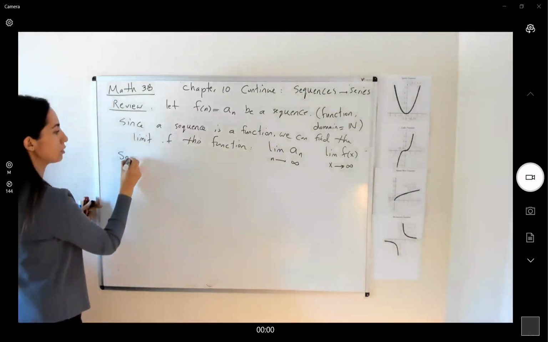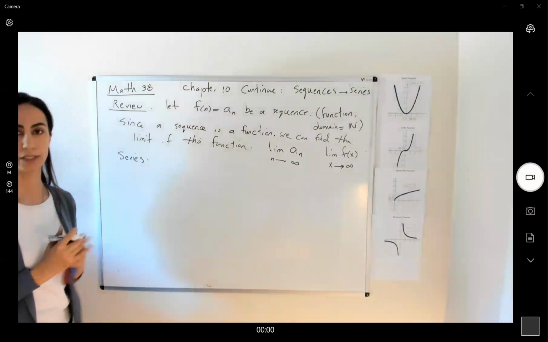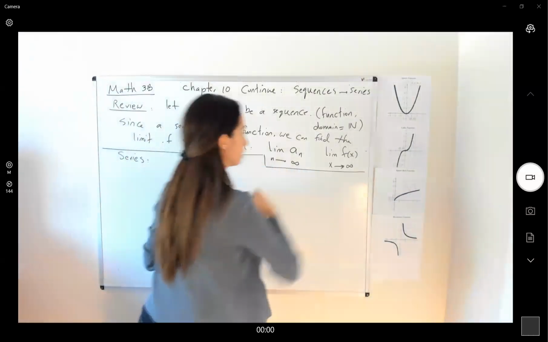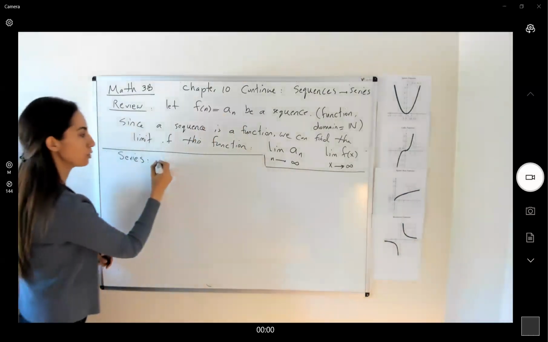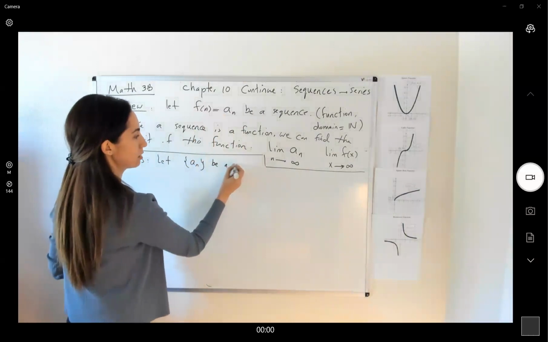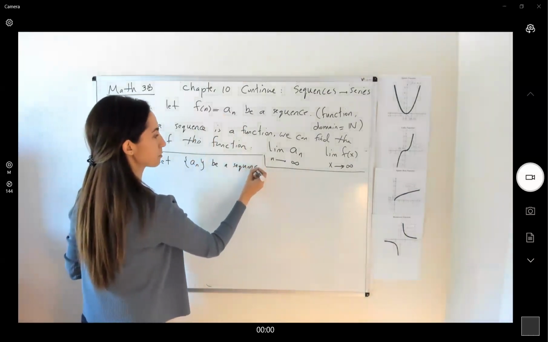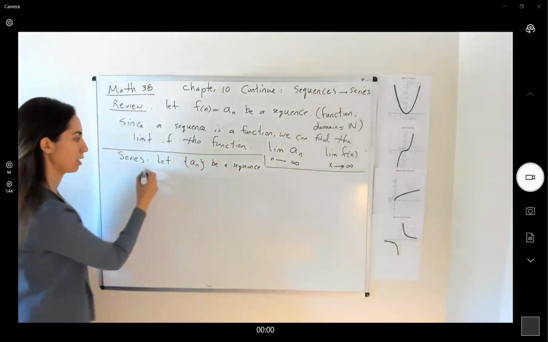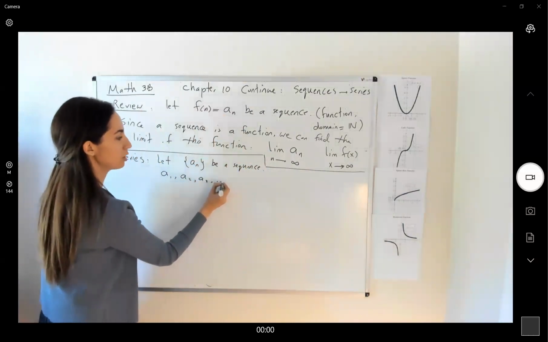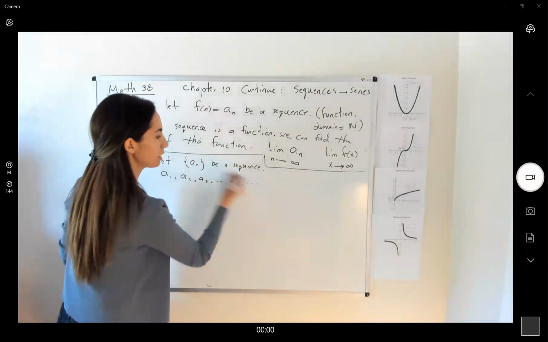Now we're going to talk about series. Let a sub n be a sequence, with elements a sub 1, a sub 2, a sub 3, a sub n, and so on.